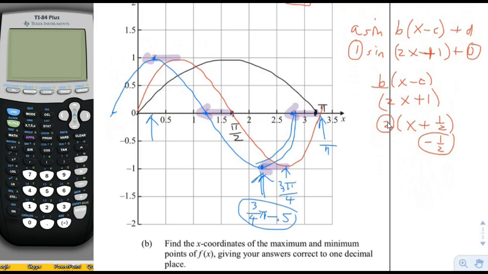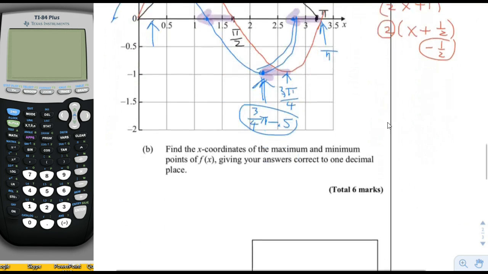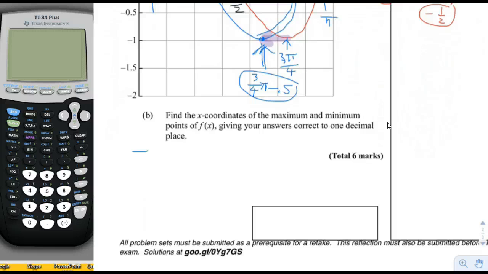And the maximum was originally at pi over 4, and now we move over 0.5 to the left, so it's pi over 4 minus 0.5. Those are the x-coordinates for the maximum and minimum.